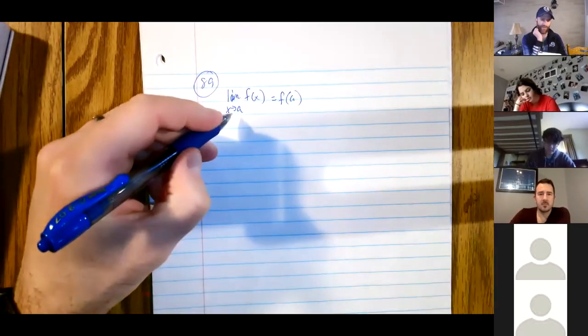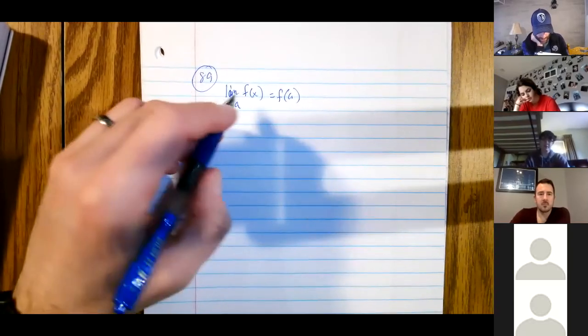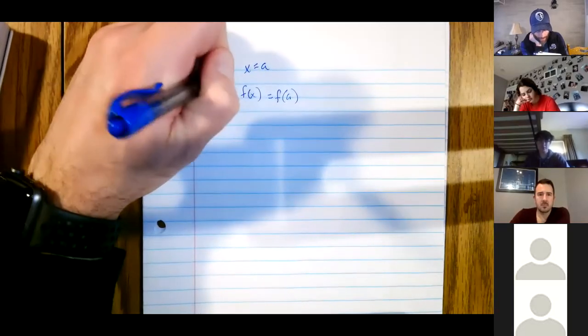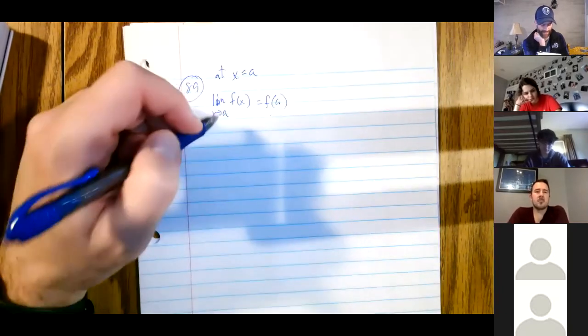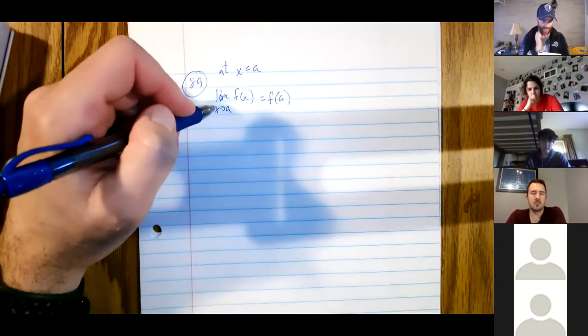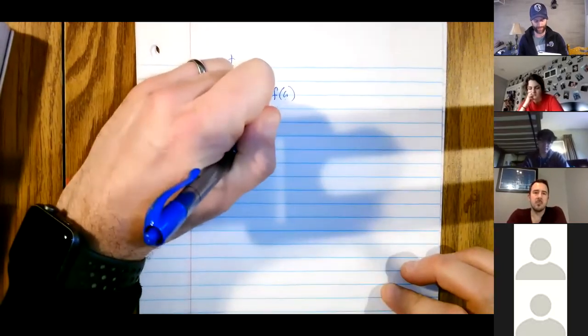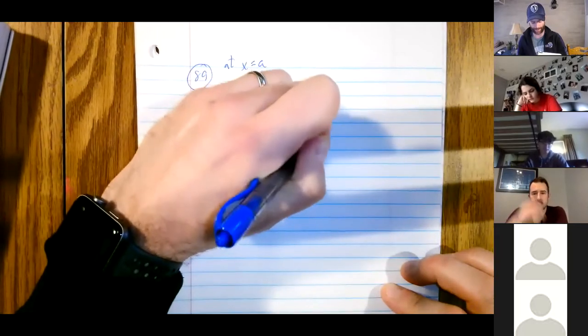This is the definition of continuity. So remember, when we said a function was continuous, it was if at x equals a, f of a exists and is equal to the limit as x approaches a of f of x, then we can say f is continuous at x equals a, right?